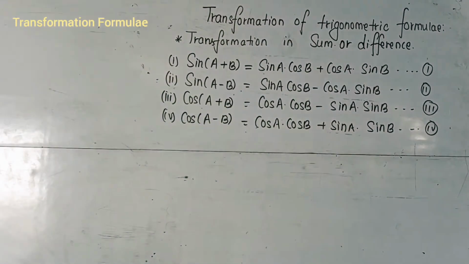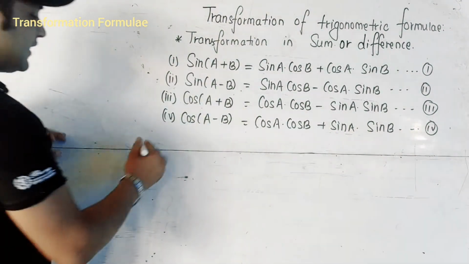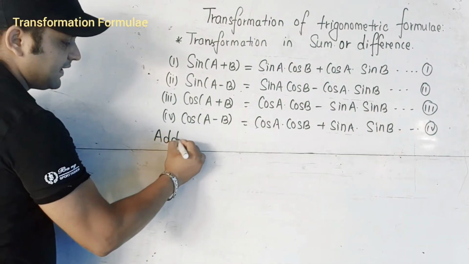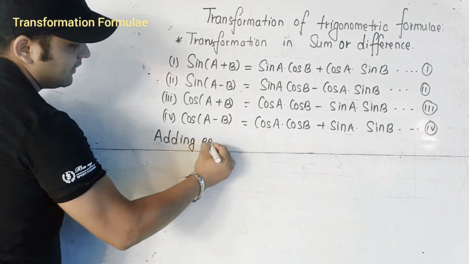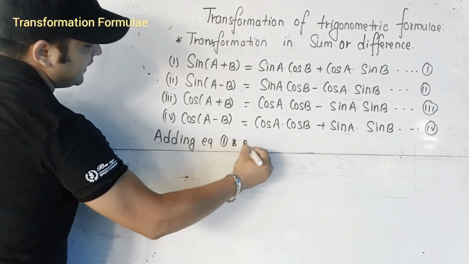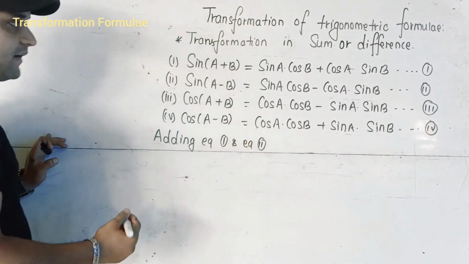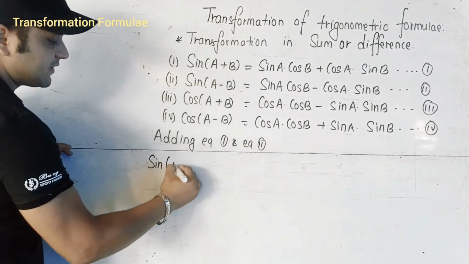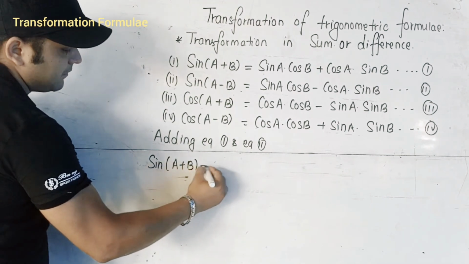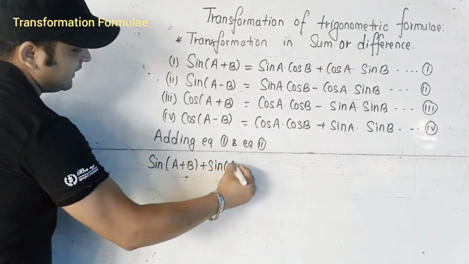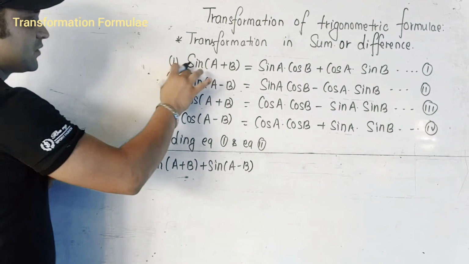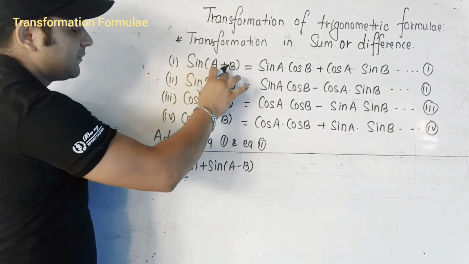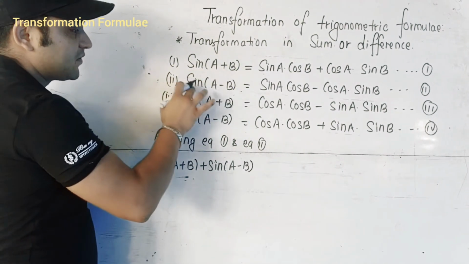Now what we are going to do is, let us add equation 1 and 2. Let's see what we get by adding equation 1 and equation 2. You have in the left hand side sine a plus b plus sine a minus b. In the left hand side of equation 1 you have sine a plus b, and in the left hand side of equation 2 you have sine a minus b.